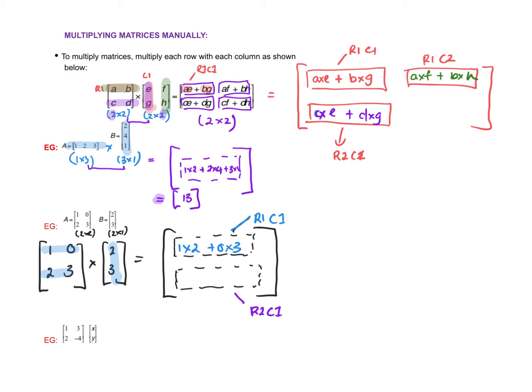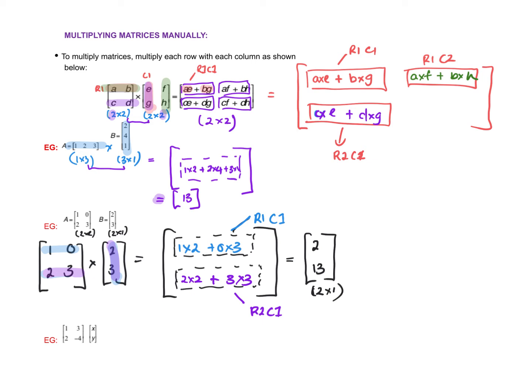So I'd be using row 2, column 1, and it'll be 2 times 2 plus 3 times 3. And then you just tidy those numbers up. So up the top, we've got 2 plus 0, so that'll be 2, and I've got 4 plus 9, which would be 13, and there's my answer. Is it a 2 by 1? Yep, so I've done it correct.